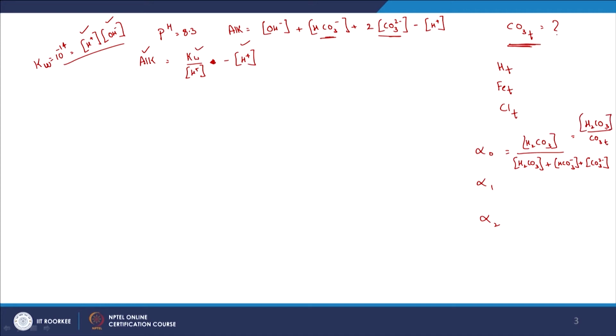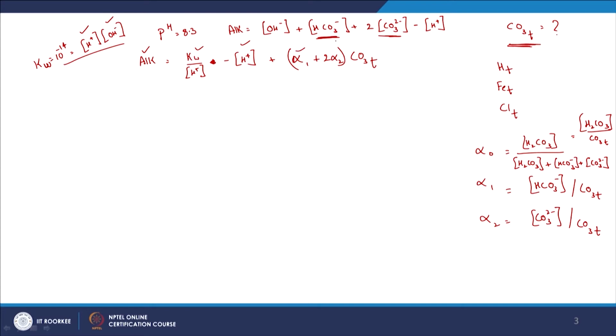Alpha 1 similarly would be HCO3 minus by CO3 total, and alpha 2 would be CO3 2 minus by CO3 total. So I am going to plug them in here. It is going to be equal to 1 times alpha 1 plus 2 times alpha 2, into CO3 total. So HCO3 minus and CO3 2 minus give alpha 1 plus 2 alpha 2 into CO3 total.